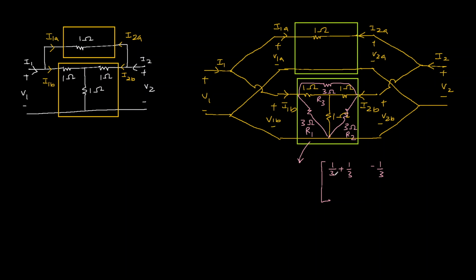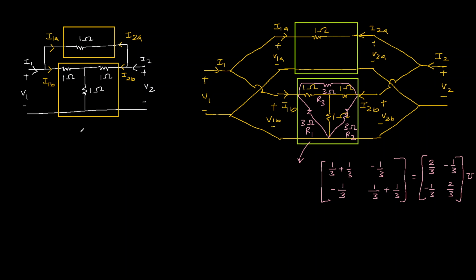So y11 is 1 over R1 plus 1 over R3, y12 is minus 1 over R3, y21 is also minus 1 over R3, and y22 is 1 over R2 plus 1 over R3, which is 1 over 3 plus 1 over 3. So the Y parameter for this circuit B is 2 over 3, minus 1 over 3, minus 1 over 3, and 2 over 3. All the units are in mho.